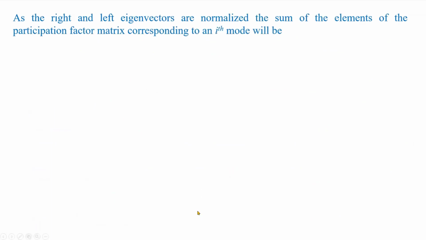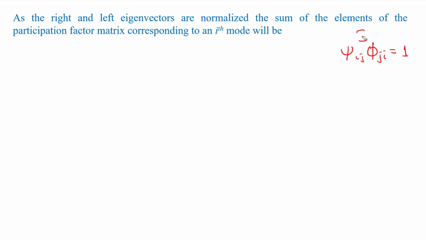Okay, so as the right and left eigenvectors are normalized, we know that psi phi is equal to I, the identity matrix. That is, psi ij into phi ji sums to 1, right?